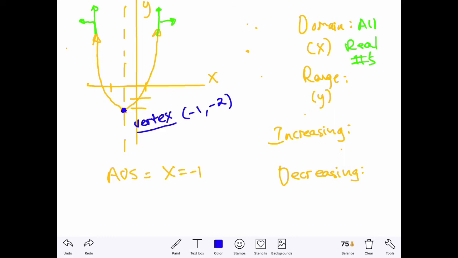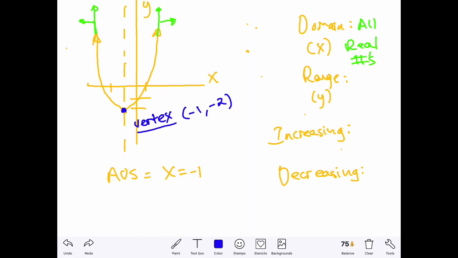So our parabola is going to come decreasing down, hit the vertex, and go increasing back up. And it's going to have a minimum when it, say, opens up as this one does. So this minimum is at the vertex. So in other words, our y values are going to get down to the minimum and then come back up.